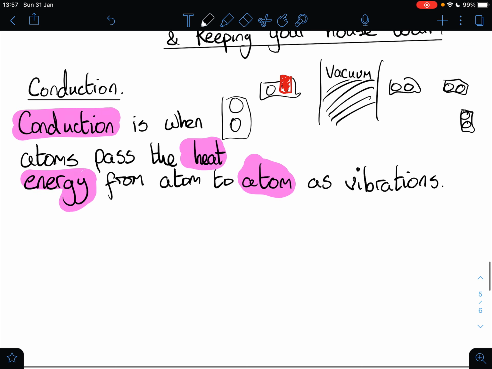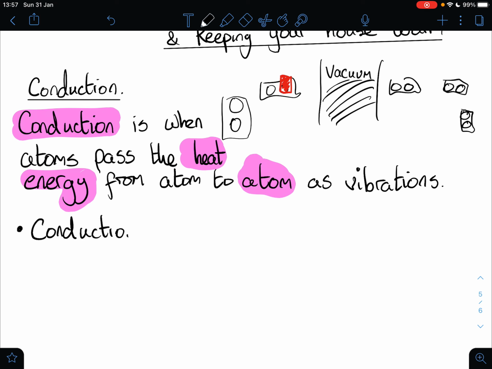Which means a couple of things. First thing is, conduction only happens, well, not only, but mainly, let's put mainly, happens in solids. We'll talk about a case where that's not true in a minute.